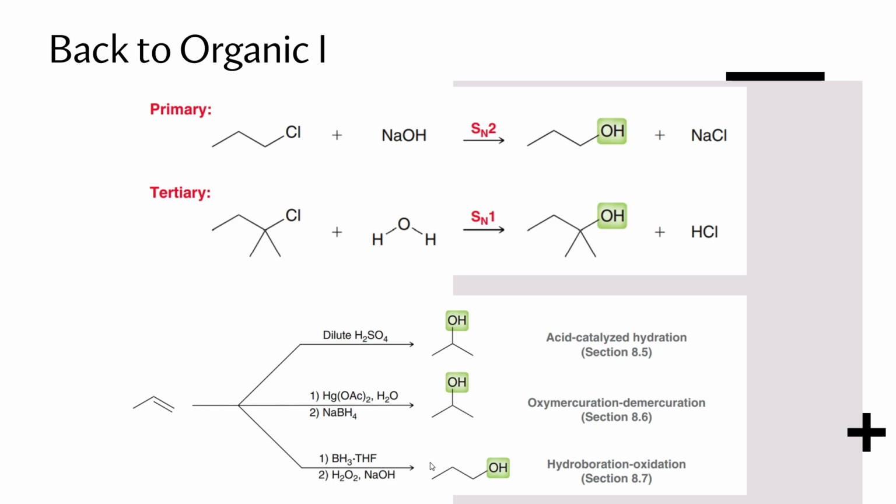For this reaction down here, another way to prepare an alcohol, let's say that we wanted to make sure that it was at the lesser substituted position. We can employ something called hydroboration oxidation, and this is a very, very useful reaction. It's BH3 complexed with tetrahydrofuran, and then we treat it with some peroxides in a basic environment.